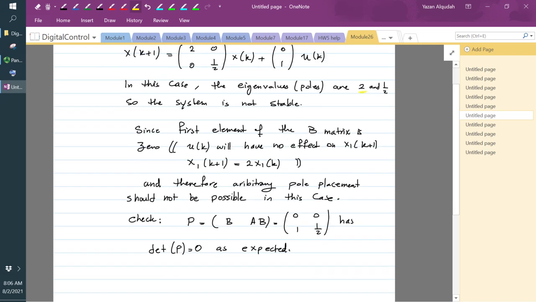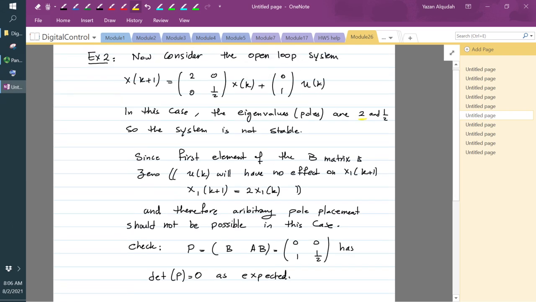Now let's see if the system is controllable. Before we do the calculation, let's see if we can get some intuition whether we're going to be able to control this system using the state feedback. If I look at the B matrix, the first element is 0.